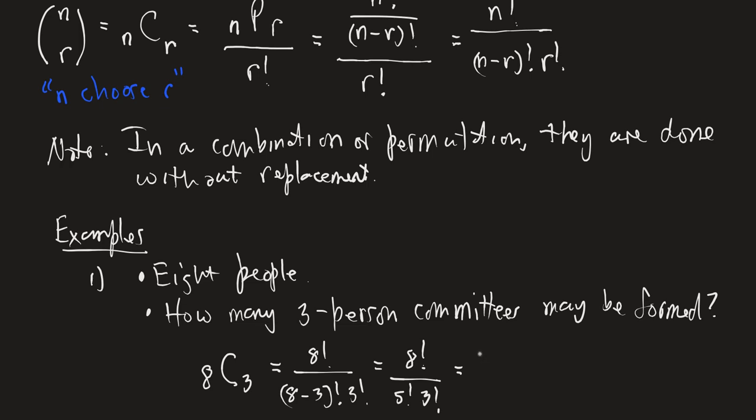8 factorial can be represented like this. It would be 8 times 7 times 6, and then 5 times 4 times 3 times 2 times 1. But that last bit that I said, the 5 times 4 times 3 times 2 times 1, that is 5 factorial. So I can put 5 factorial there.